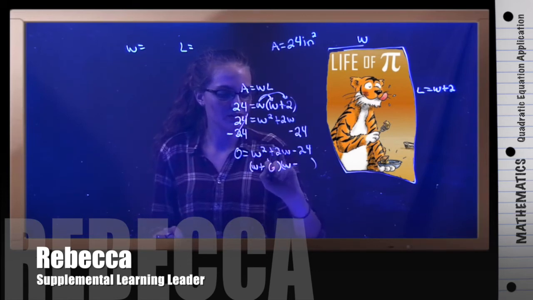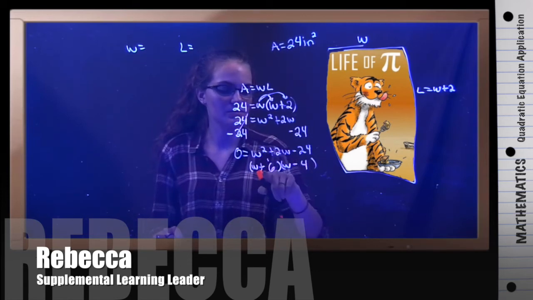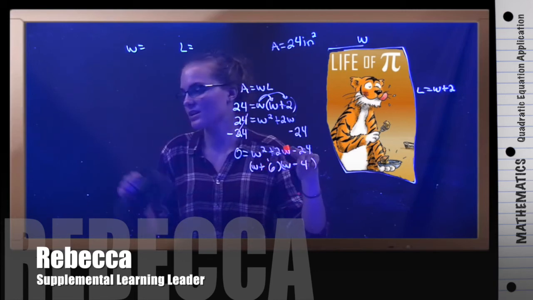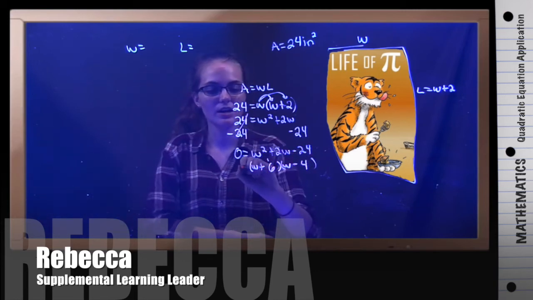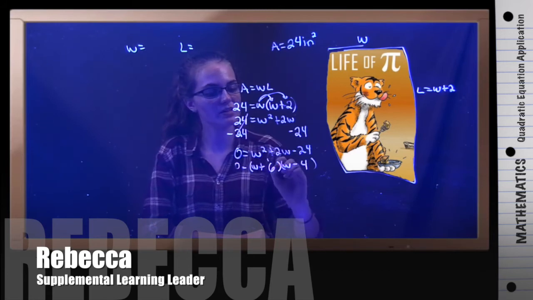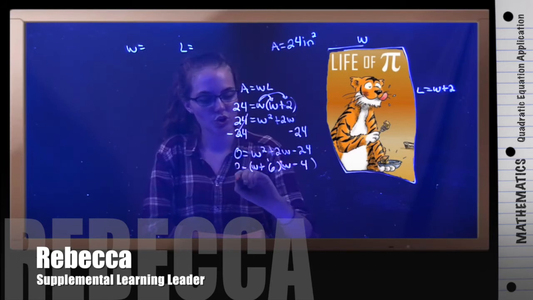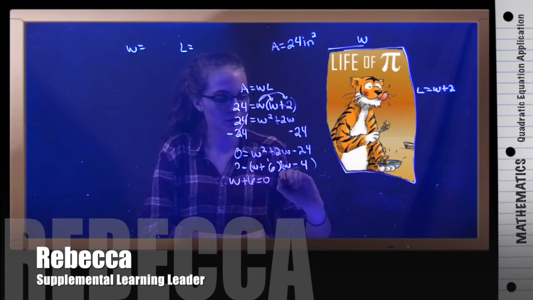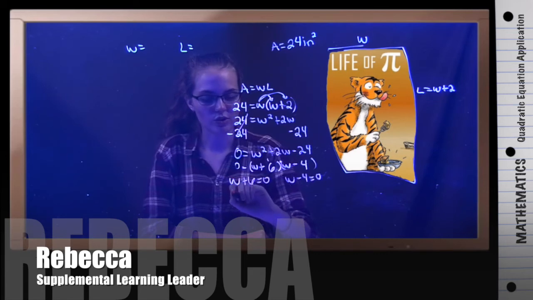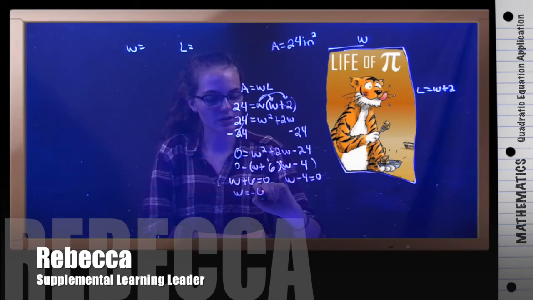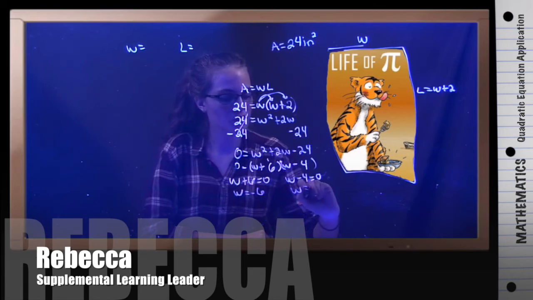But it would be positive 6 and negative 4, because 6 minus 4 gives us 2, and 6 times negative 4 is negative 24. Now, to solve for W, because these are being multiplied together, you can set both of your factors equal to 0. So this would be W equals negative 6, and this one will be W equals 4.